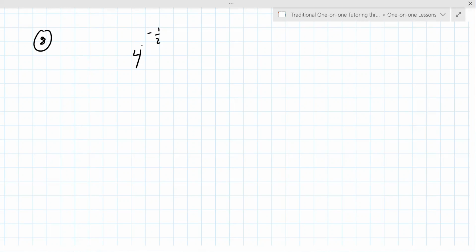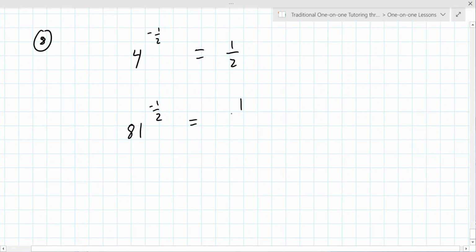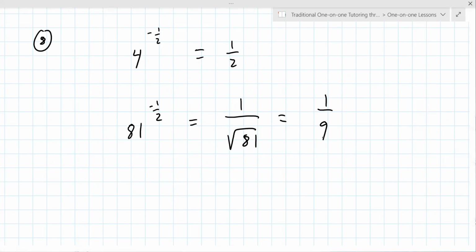So I got 1/2. It is definitely 1/2. Perfect. And like 81 to the -1/2 would be 1 over the square root of 81, which is 1/9. Okay. So pretty good here.